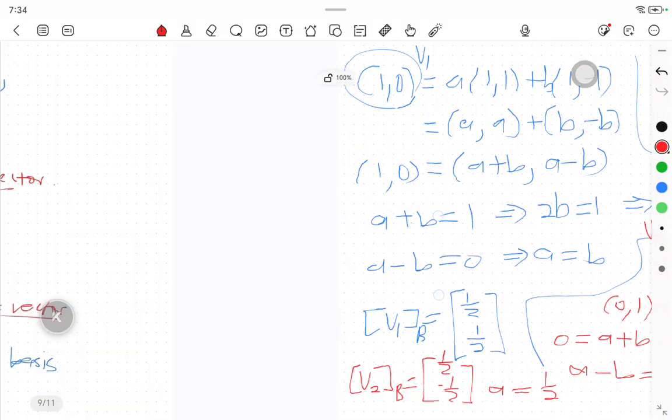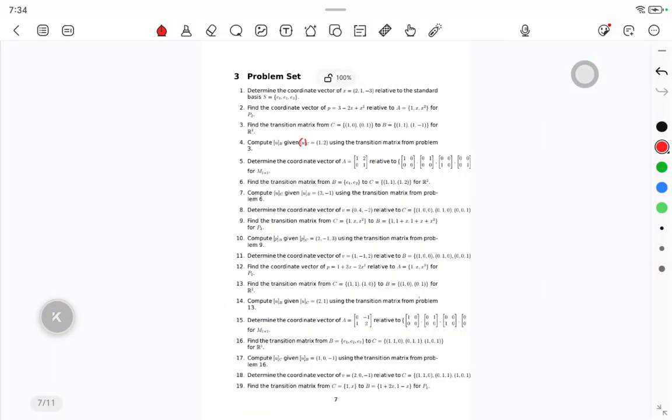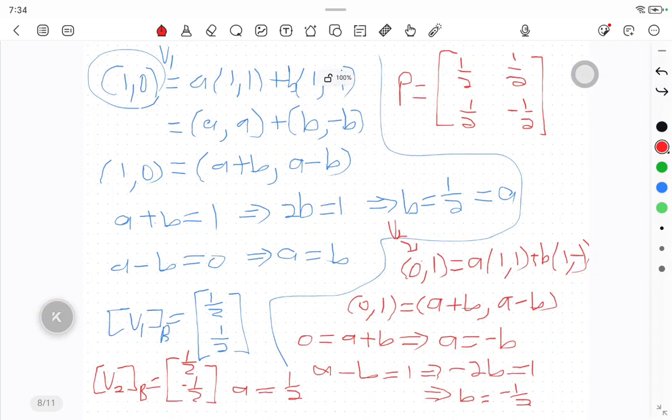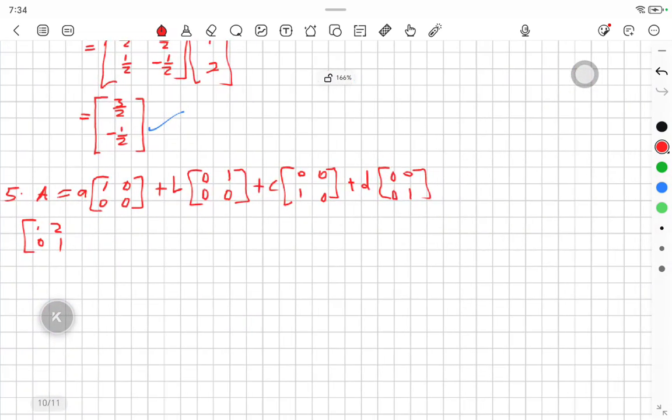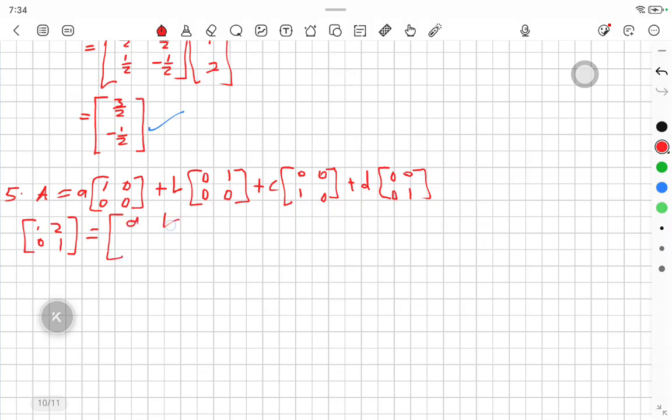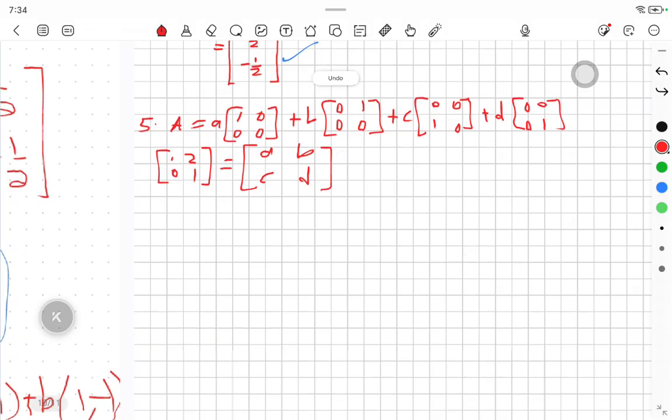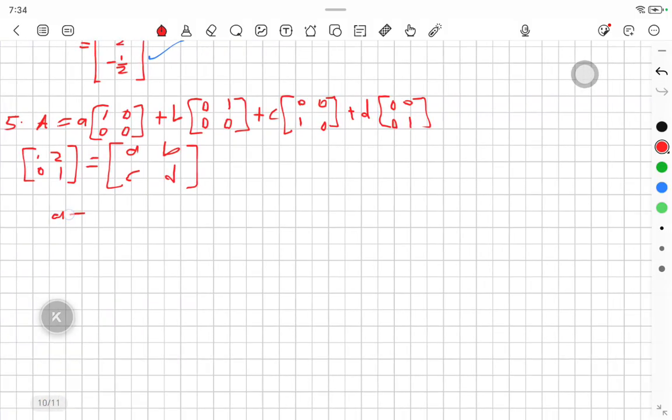Let's see that. 1201. And then we have A, B, C, D. If we add all these, A is going to come here, B here, C here, and then D here. All right. So we have that A is also 1. B is also 2.